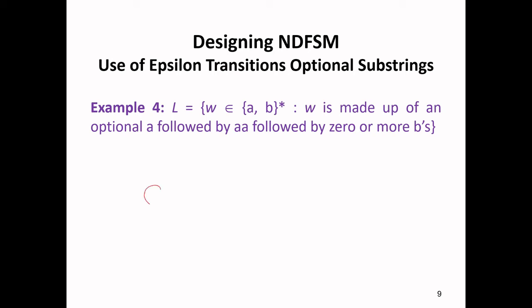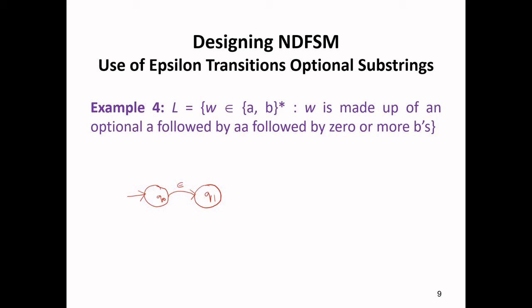So you have the initial state going to state Q0, going to state Q1, an optional A, that is what?